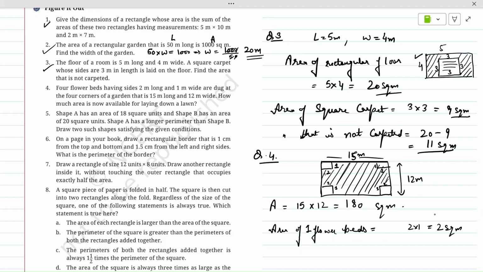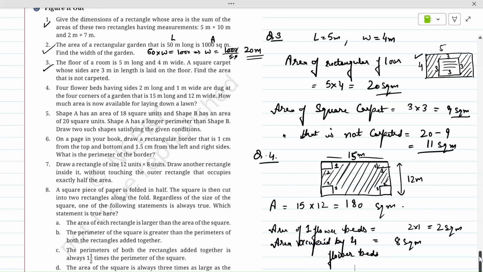So that means what we'll have to do, we have to multiply this area with 4 to get the total area occupied by the flower beds. 8 square meter area, this is the area occupied by 4 flower beds. Okay, so this is the total area.